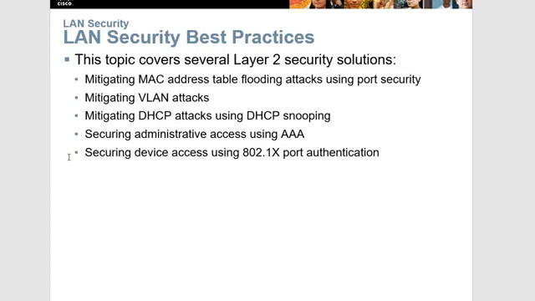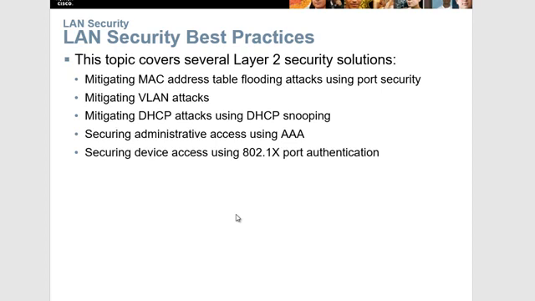We've talked about mitigating MAC address table flooding attacks back in CCNA 2. Basically what an attacker is trying to do is flood the MAC address table on a switch so that the switch no longer can associate MAC addresses with a certain port and ends up broadcasting everything. That way the attacker can intercept traffic.